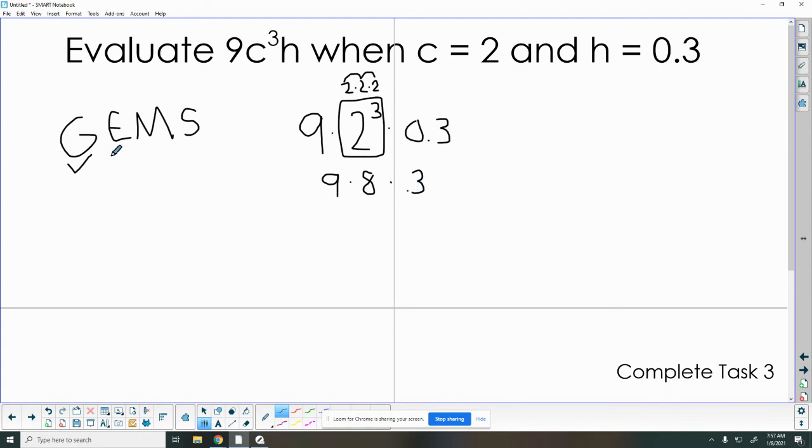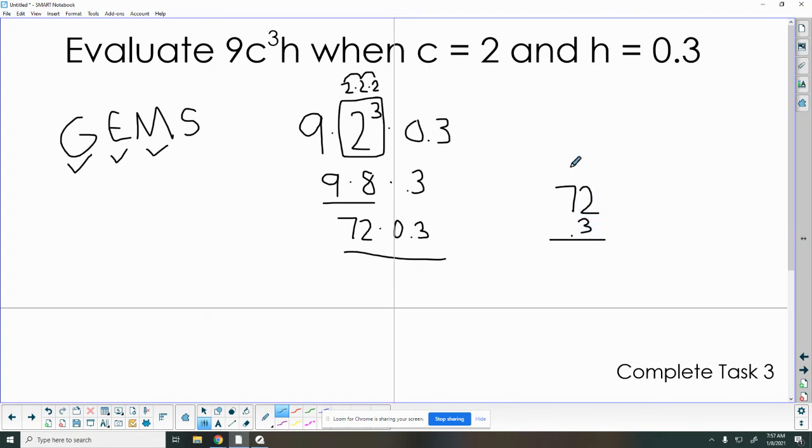So now we are done with our exponents. So now we're looking for multiply and divide. So our first one we come to is 9 times 8. 9 times 8 is 72, and we're going to times that by 0.3. So our last problem we're doing is 72 times 0.3.